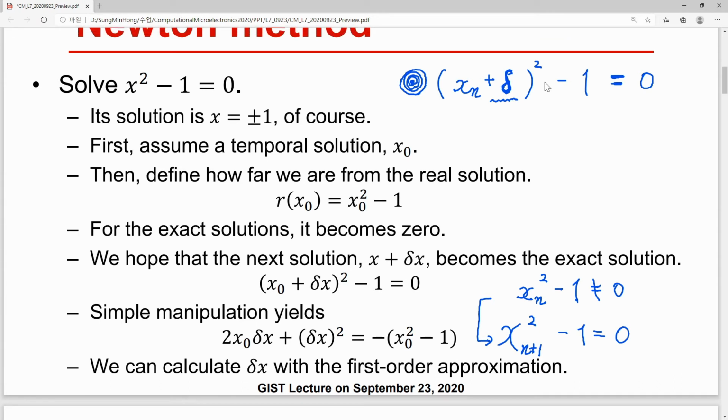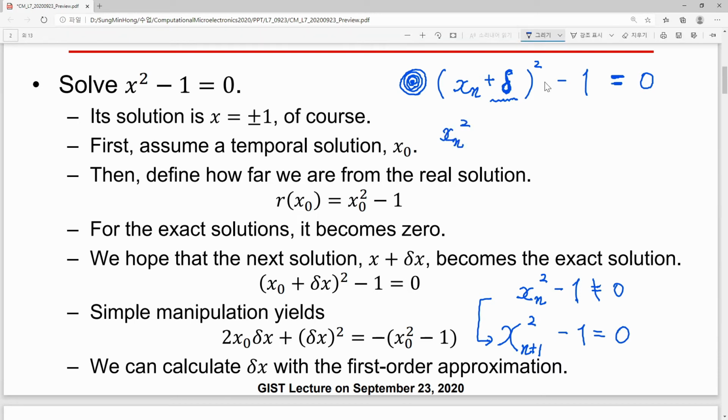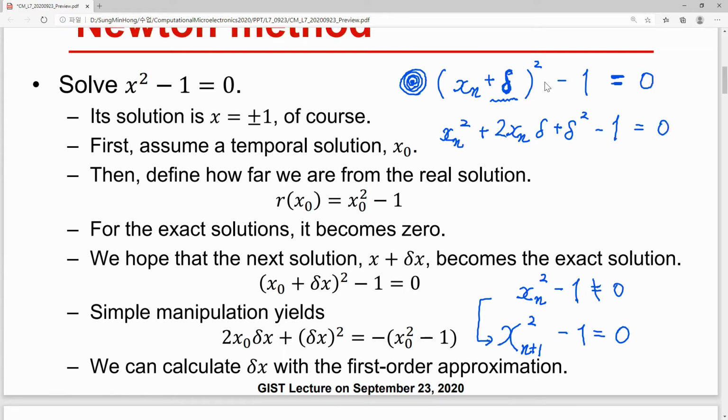In this case, we can just expand it, xn squared. You know, xn is already a given number in this case, and 2 times xn delta and plus delta squared minus 1 equal to 0. Up to now, everything is just exact.